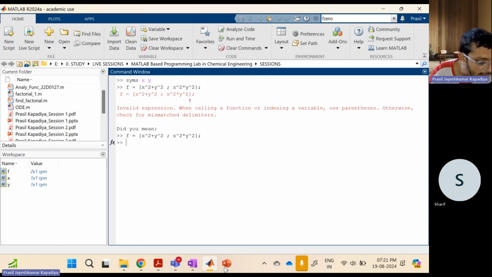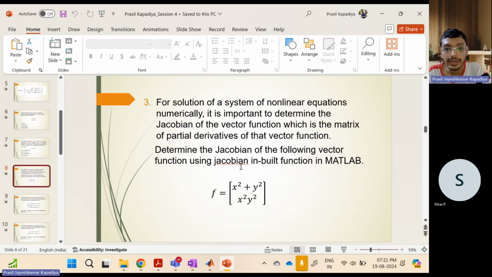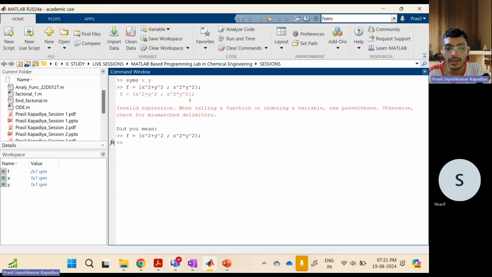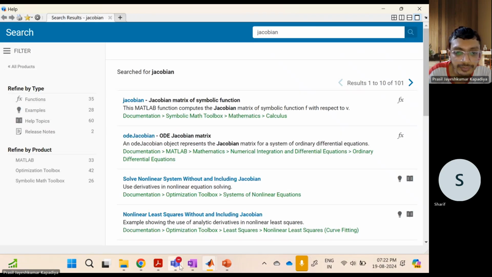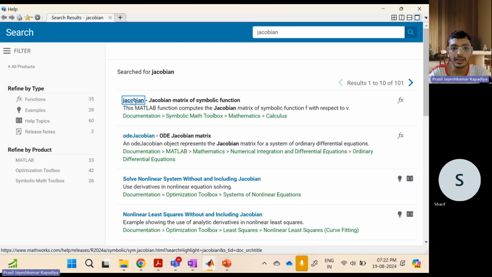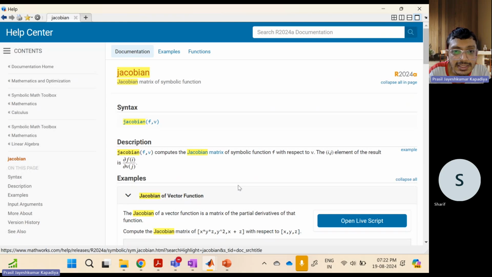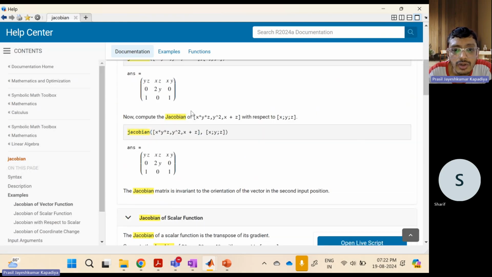Now I'm supposed to use the Jacobian inbuilt function. So let me go to this MATLAB manual and search Jacobian. What do we need to write to find Jacobian? So we can see that I need to write Jacobian of function comma v.